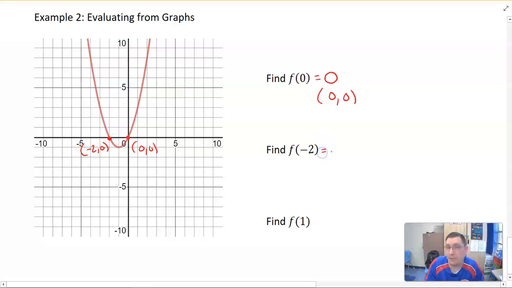So f of -2 is equal to 0, because (-2, 0). And finally, f of 1, so when x is 1, y is what? I'm at the ordered pair (1, 3). So the ordered pair (1, 3) means that f of 1 is equal to 3. And so that's what we're looking at through these problems.